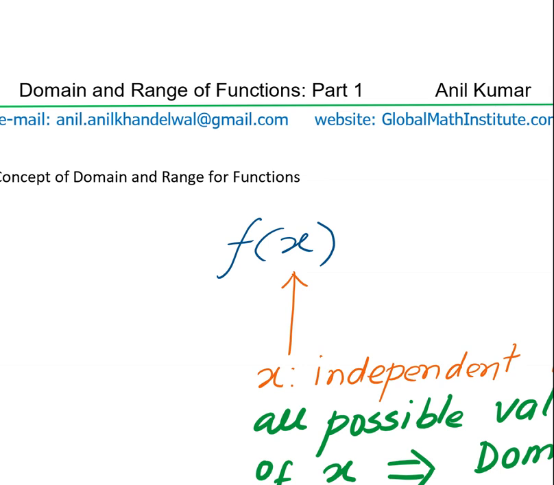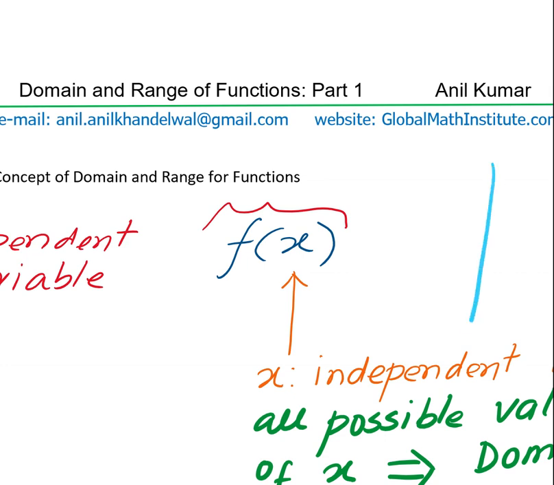And the term f of x, the whole term f of x, is the dependent variable. So let me write this as dependent variable here. It's like the y you use, right? There's no harm in sharing with you the coordinate plane since we'll be doing most of the things on a coordinate plane.